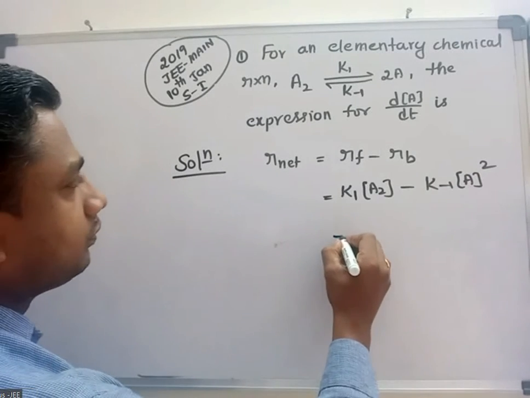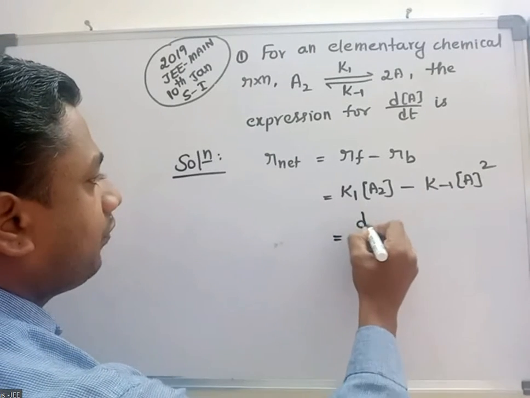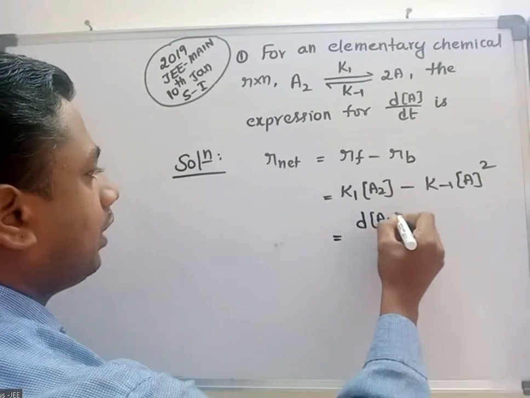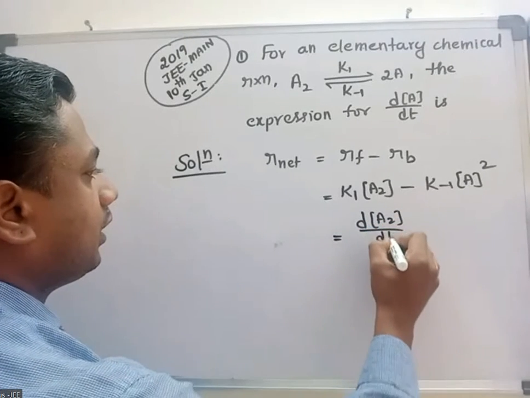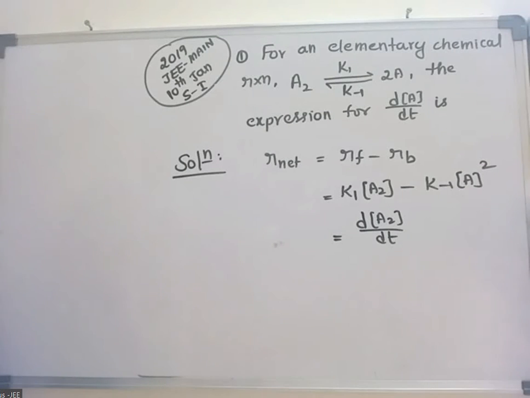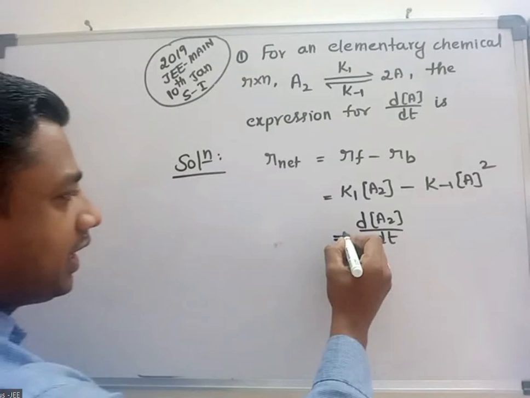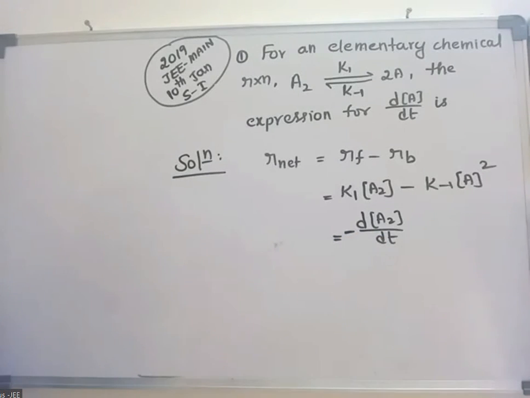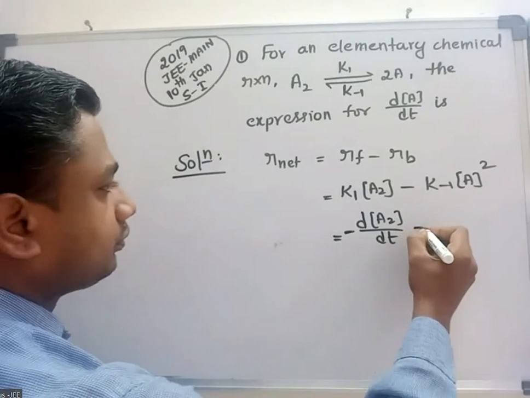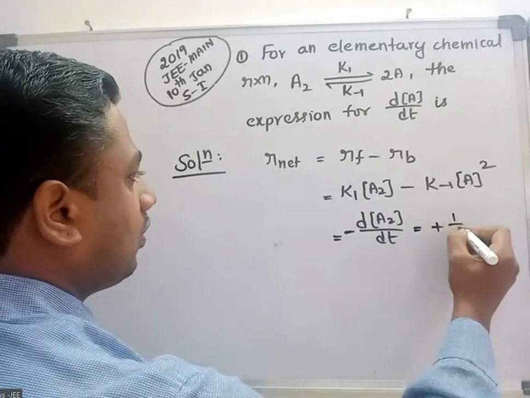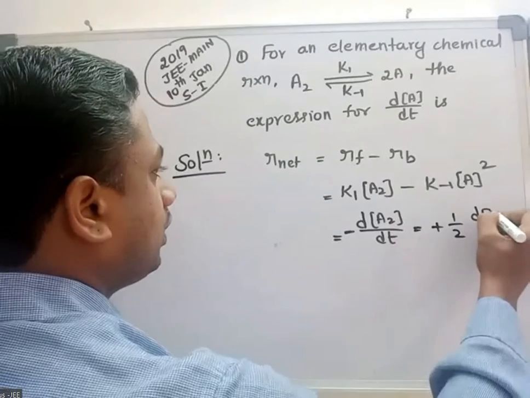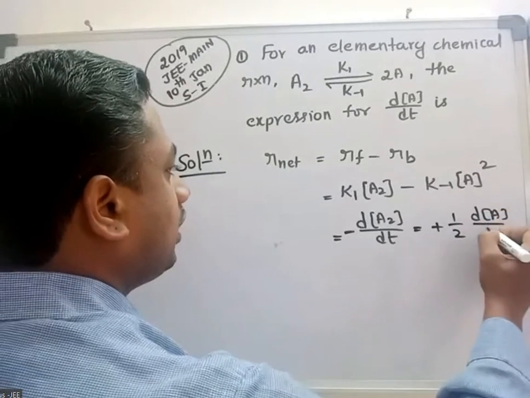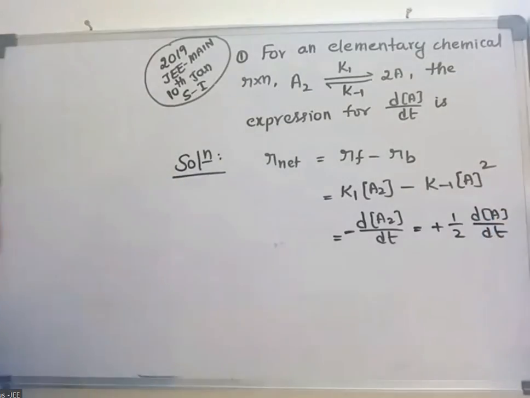Which is equal to d of A2 by dt, change in the concentration of reactants. That's why decrease in the concentration of reactants equal to plus 1 by 2 into d of A by dt.